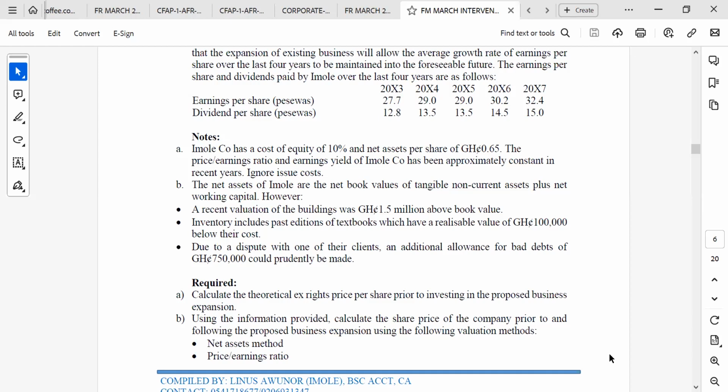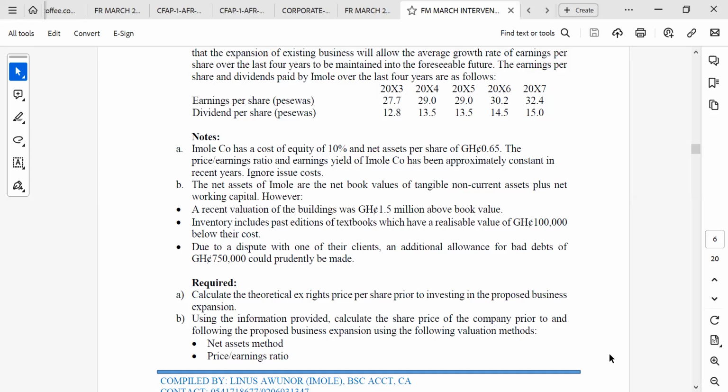It means that the current value of the inventory is more than its net realizable value.